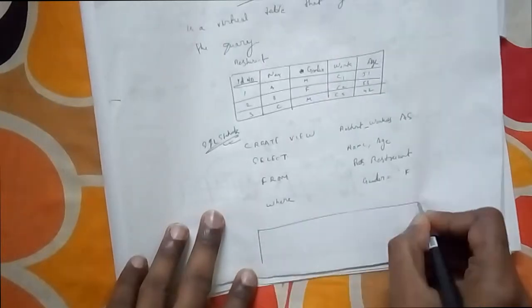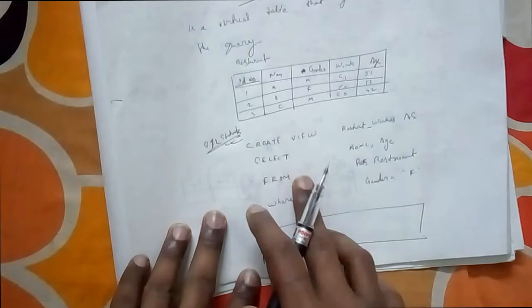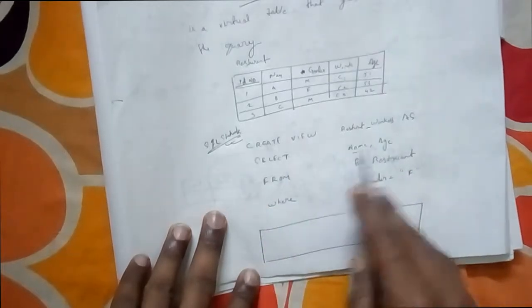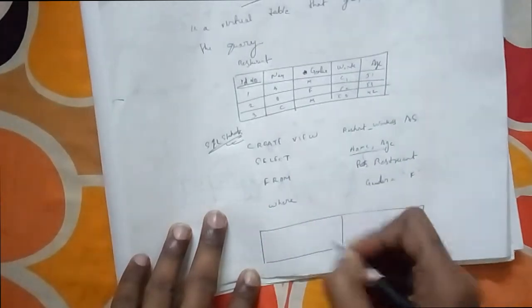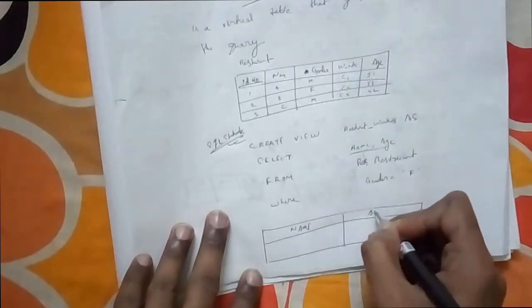And after this, the view or the table you will get is, see, you have only wanted two attributes, name and age. So name, age.